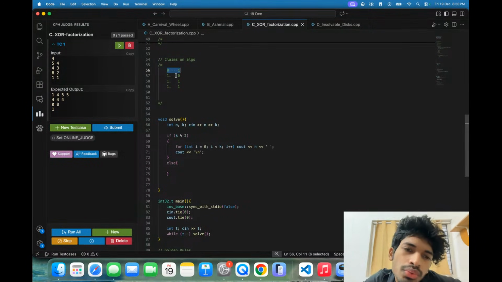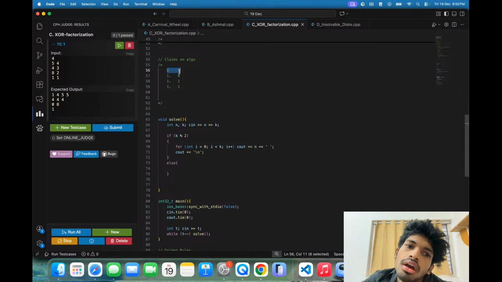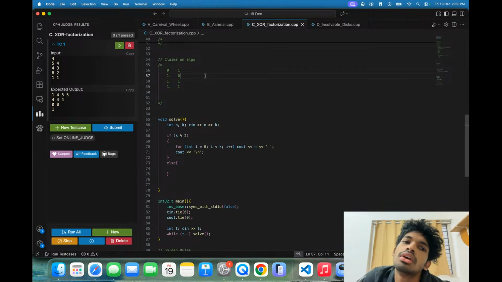Now what do we do? You can bring this one here and make all of these and all of these zero. And then you proceed and make all of these and all of these ones. So the XOR is zero.